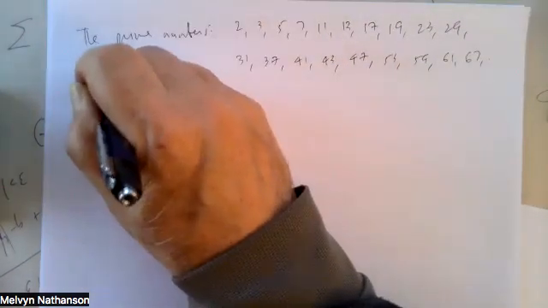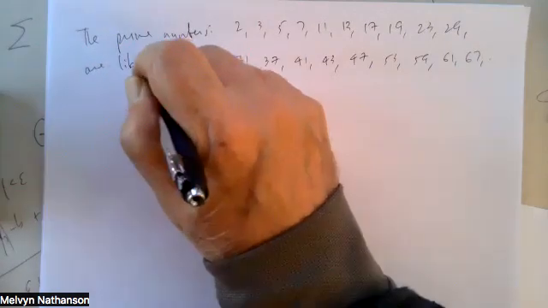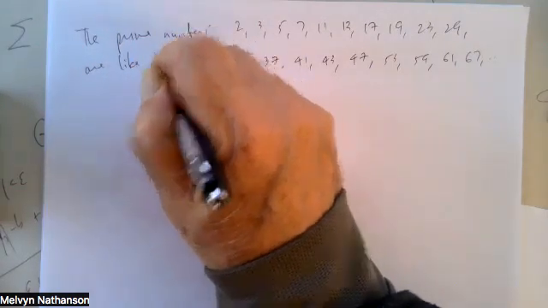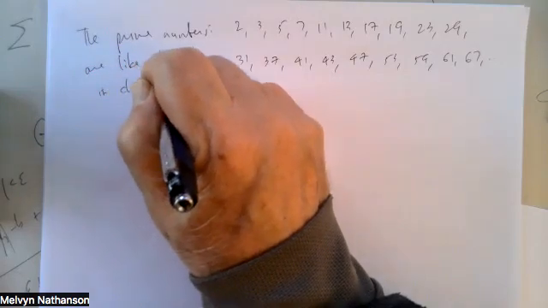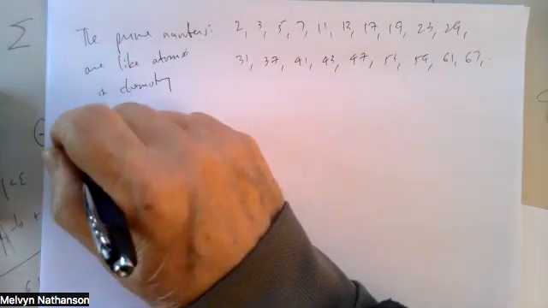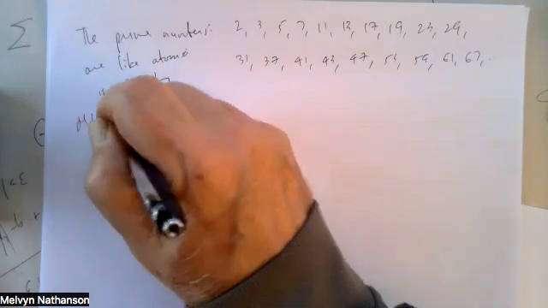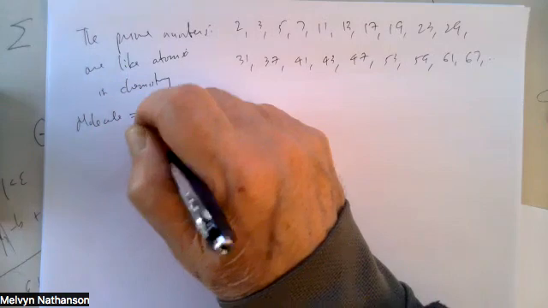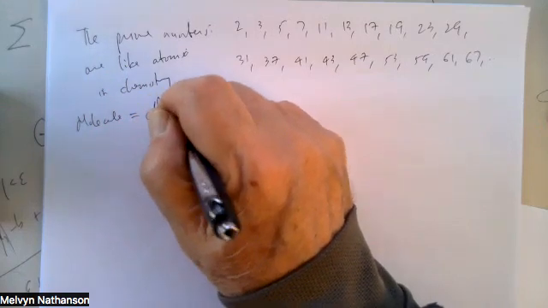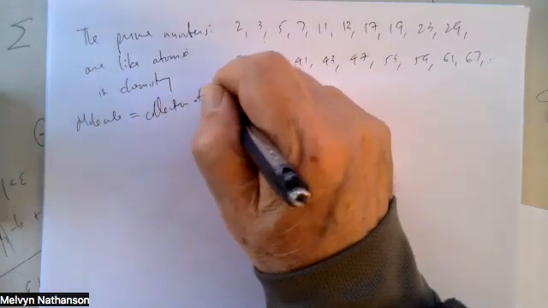And the prime numbers are like atoms in chemistry. Every molecule in chemistry is a collection of atoms. Right?